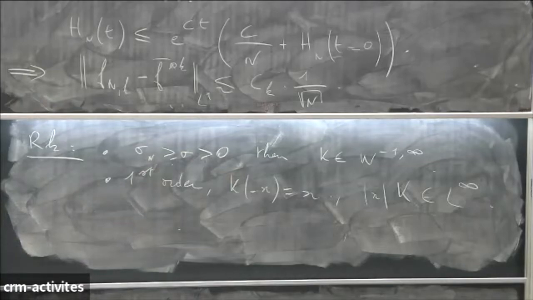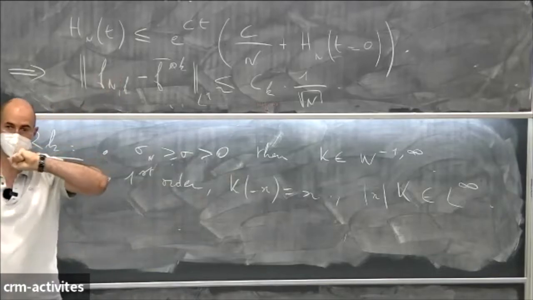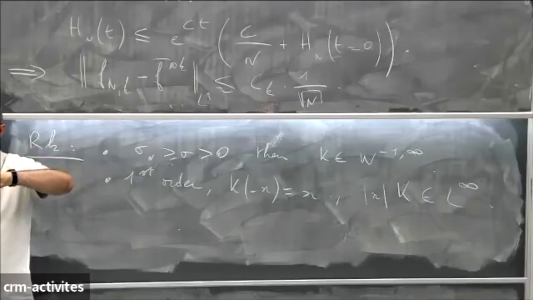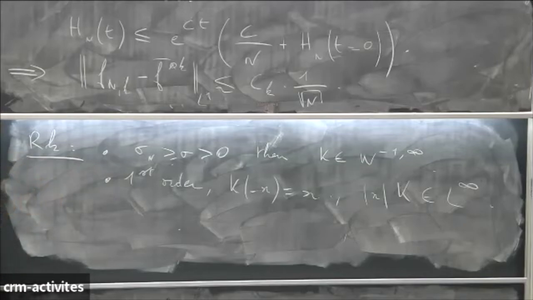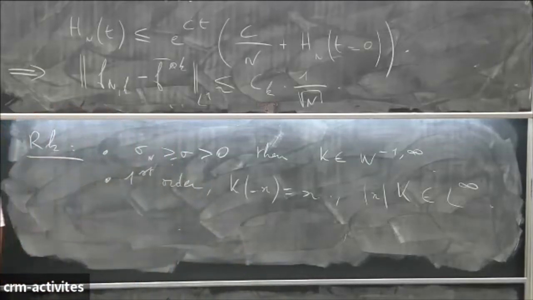There's a last thing that I want to do today before we go tomorrow. As a preparatory statement, this gives me a bound on the fluctuation at the trajectorial level. This is something that I want to write down because it's very obvious once you have the theorem, but it's still worth noticing.